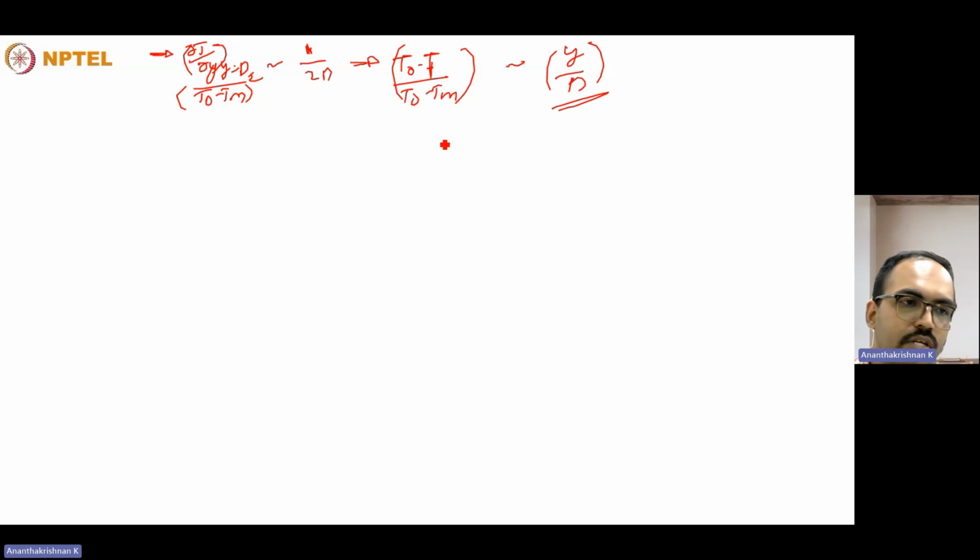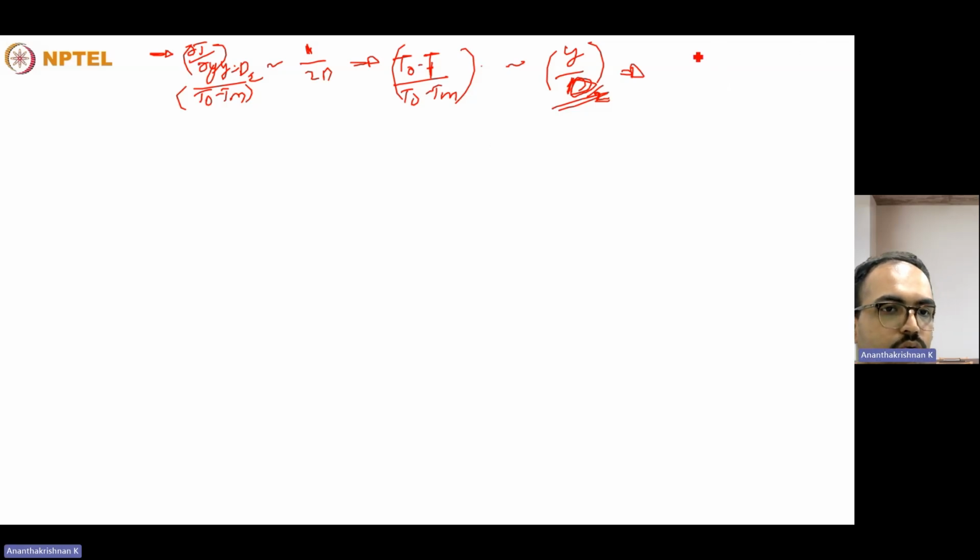So neglecting the constant terms, in order to make it a bit more convenient, we can write it as y divided by d by 2. Based on that, this is a function of y divided by d by 2.